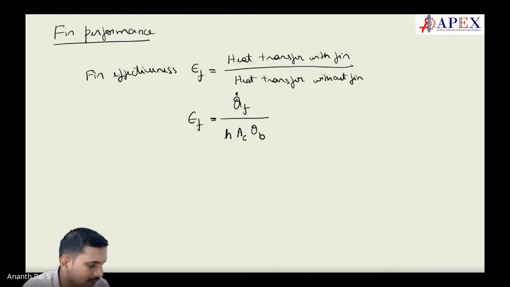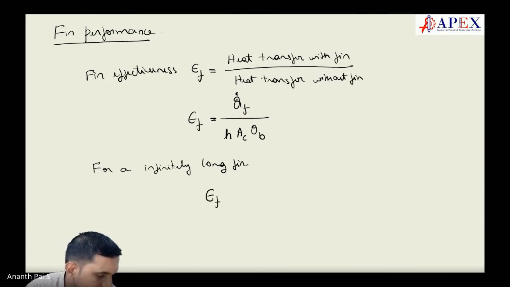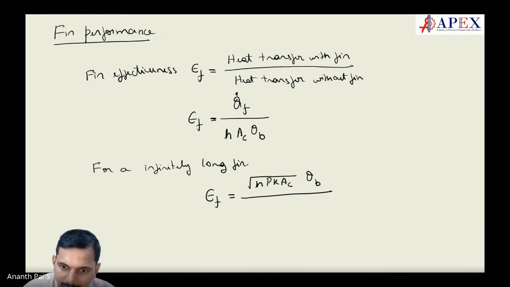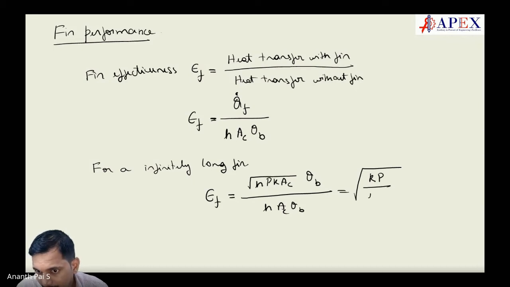Next, another one which is there here is, see, for an infinitely long fin, epsilon f, that is fin effectiveness, is equal to square root of h P k Ac times theta b divided by h Ac theta b, which gives square root of kP divided by hAc.